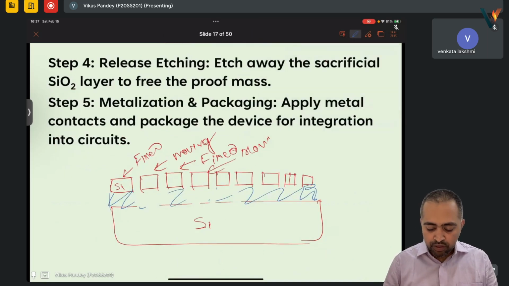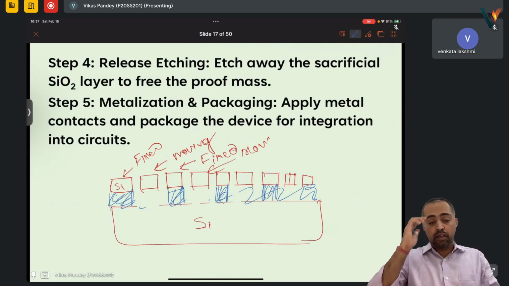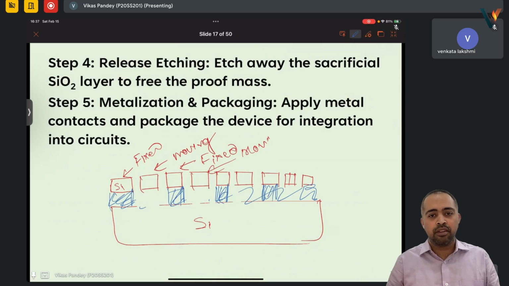So we'll have these fixed structures over SiO2 and the other layer, like they will be a bit floating in the air. Okay, and they are now free to move. So they are floating structures, although they will be hinged somewhere.